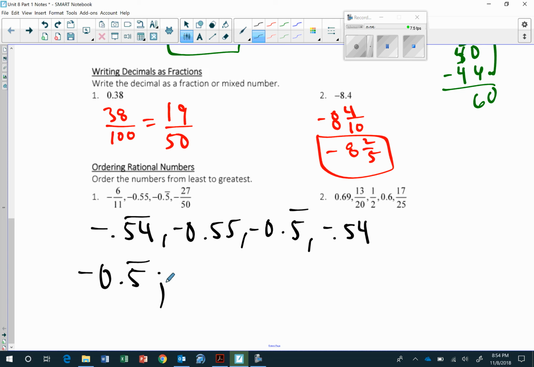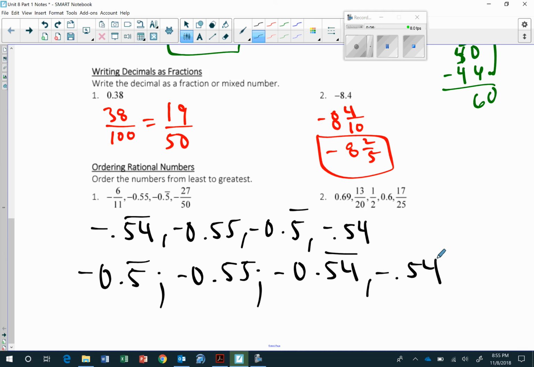Next up would be negative 0.55. After that would be negative 0.54 repeating, and then negative 0.54. So I turned them all into decimals, and then I put those decimals in order from least to greatest.